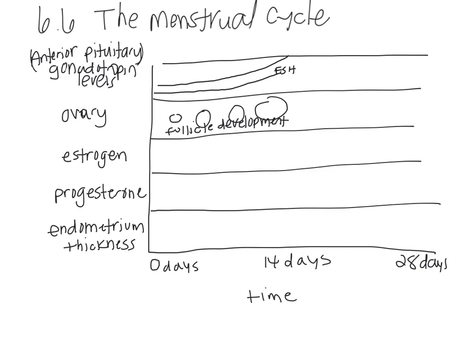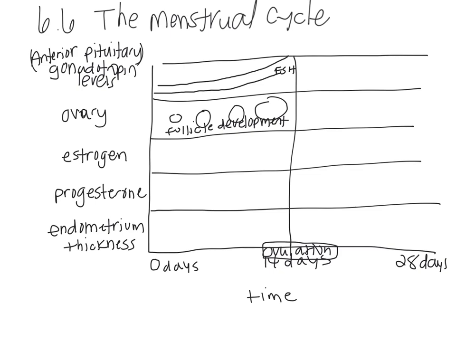This follicle stimulating hormone is going to develop that follicle, and that's going to get us ready for this big event at day 14, which is ovulation. So when that follicle is fully developed, when the follicle stimulating hormone is at its peak, we get full development and ovulation.